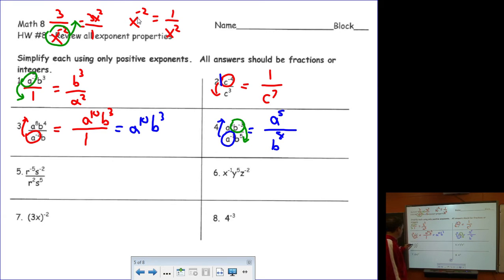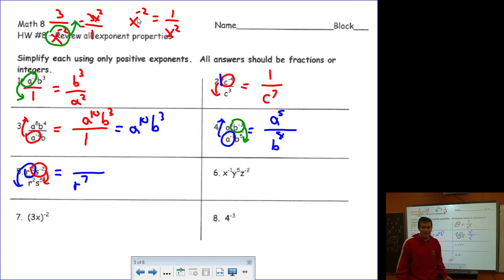Number 5, I need to take the r's that have a negative exponent on top and move them to the bottom. That gives you a total of 7 r's on the bottom, because the 2 that are on the bottom are going to stay there. And I need to take the 2 s's that are on top and move them to the bottom, because they have a negative exponent.